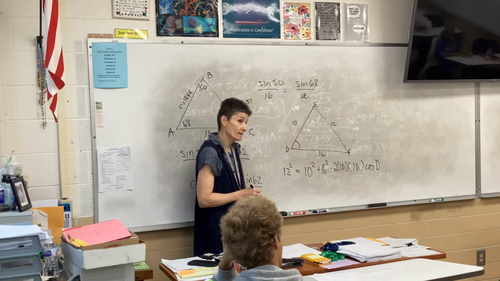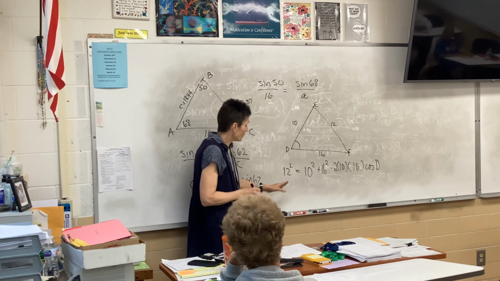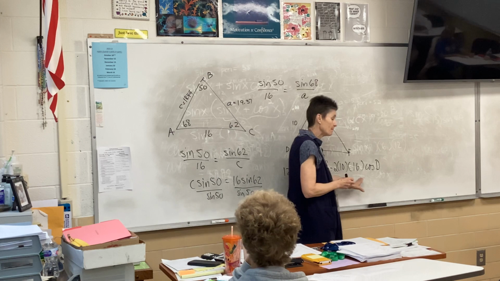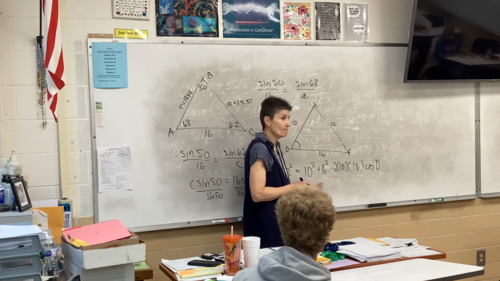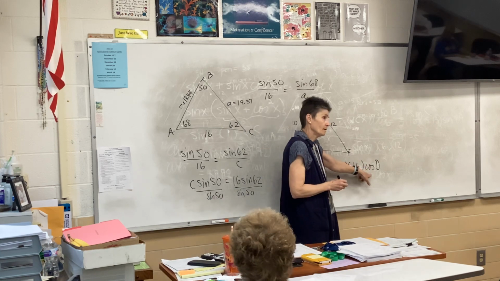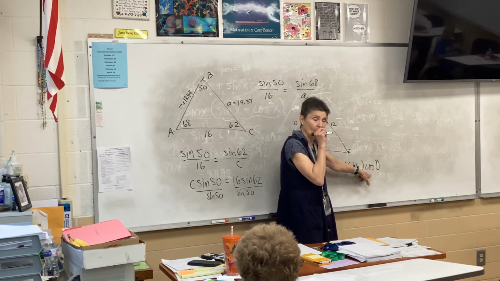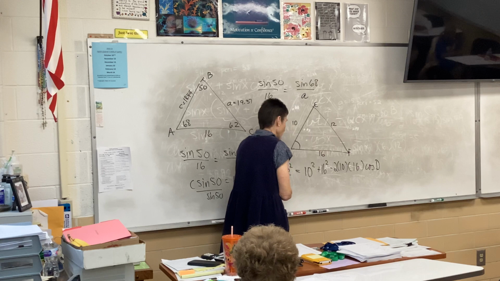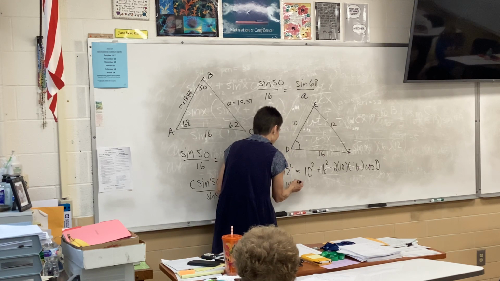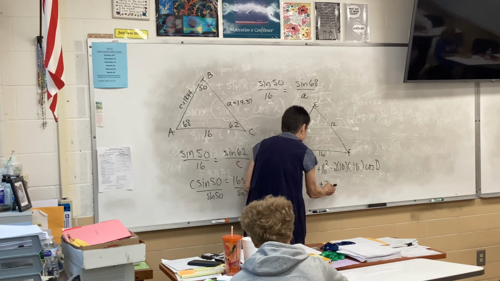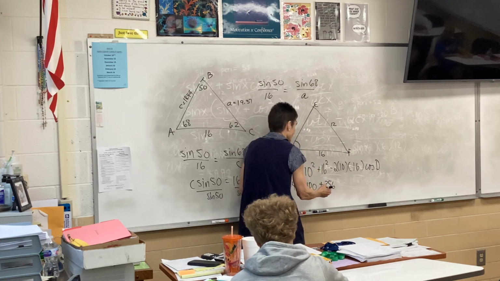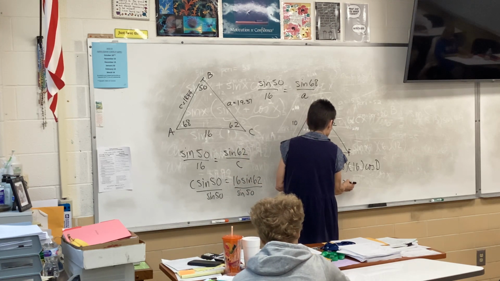Now, on our quiz that we practiced earlier, we just took our calculators out and typed all this in. That is not possible this time because of that. So let's figure out what all these numbers are. This is 144. This is 100. This is 256. And this one is 320.